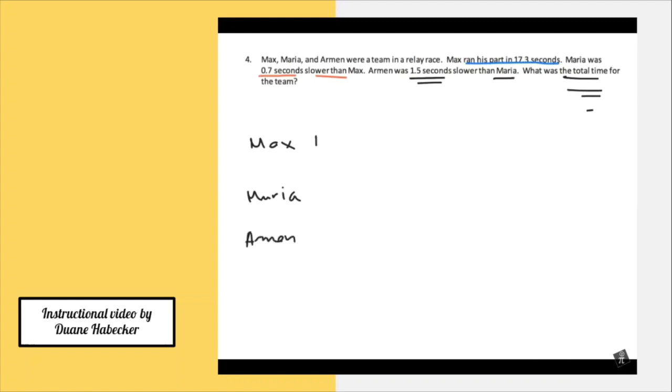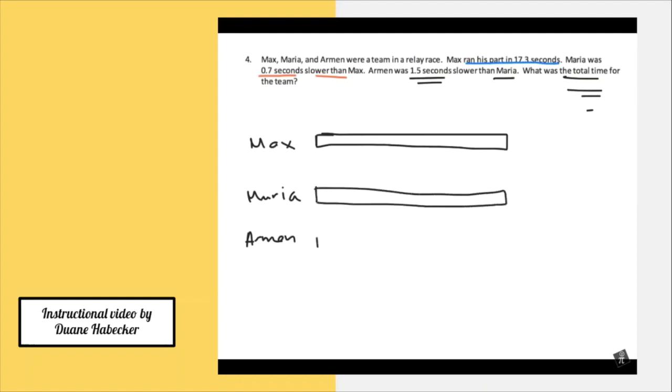And again, I'm going to make all three of their tape diagrams the exact same length, the best I can. 1, 2, 3. So they have the exact same tape diagrams. And then I'm going to go back and read the question again. Okay, it says they're on a relay race team.